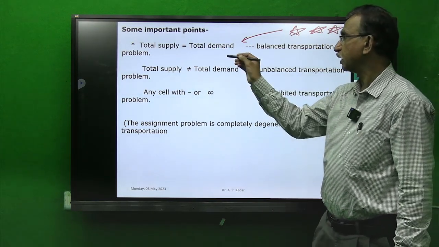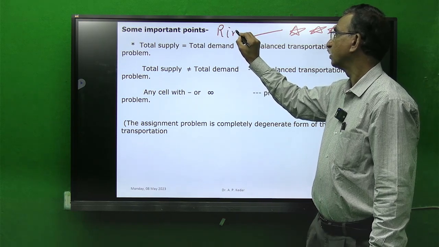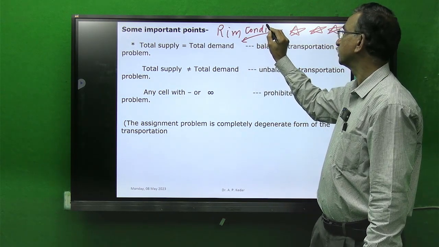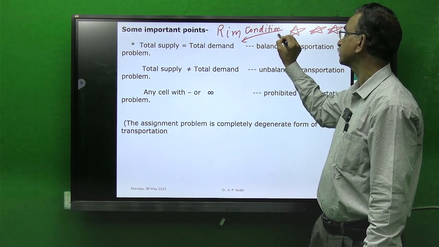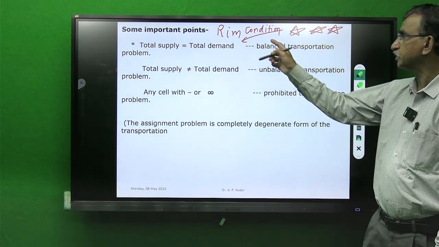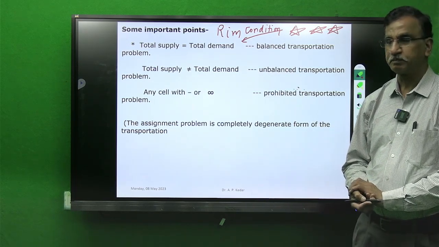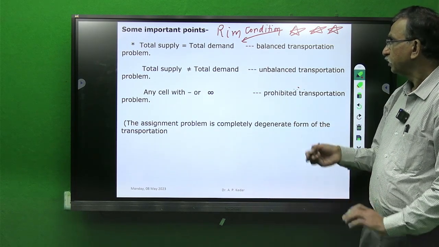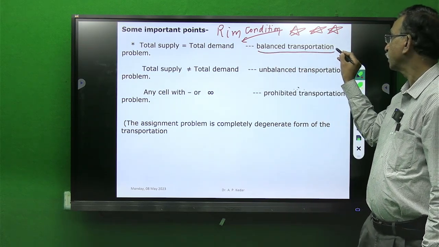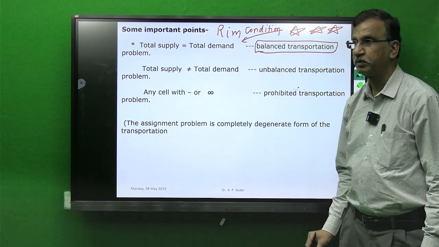In earlier case, I have mentioned this as the Rim condition for any transportation problem. Unless and until we achieve this condition, we cannot proceed to find solution of the problem.